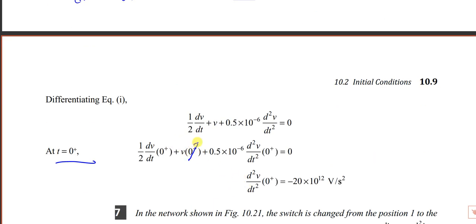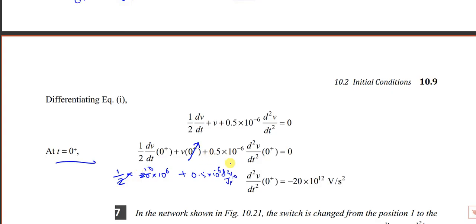And we have half dv by dt at 0 plus is 20 into 10 power 6. So it is 10 and 0.5 10 power minus 6 d²v by dt² is equal to 0.